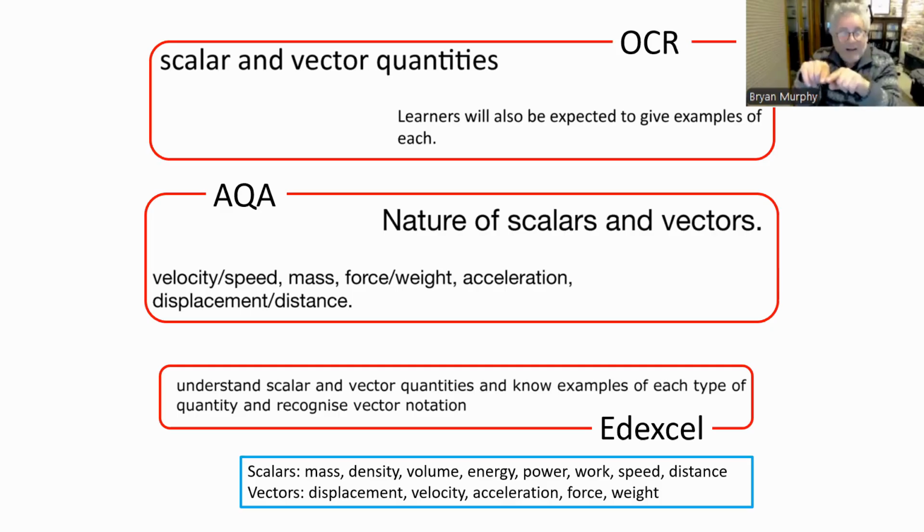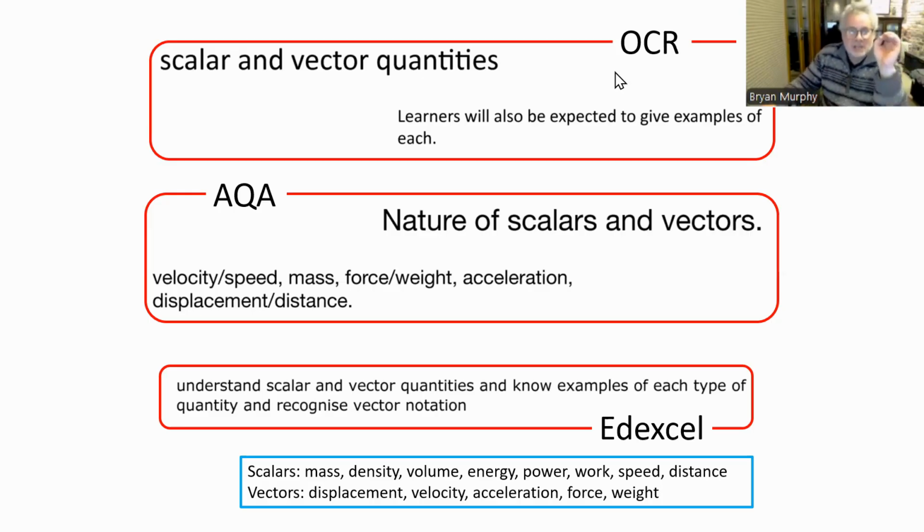So these are the go-to safe bets. Let me just check that Edexcel one. It tells you. Scalars: mass, density, volume, energy, power, work, speed, and distance. Vectors: displacement, velocity, acceleration, force, and weight.